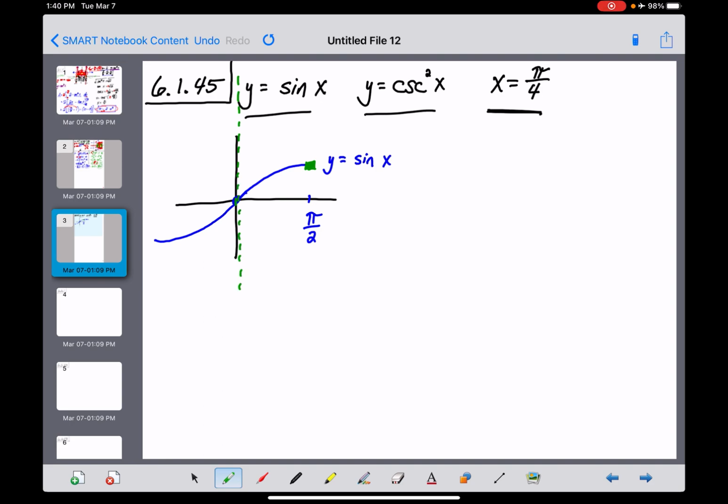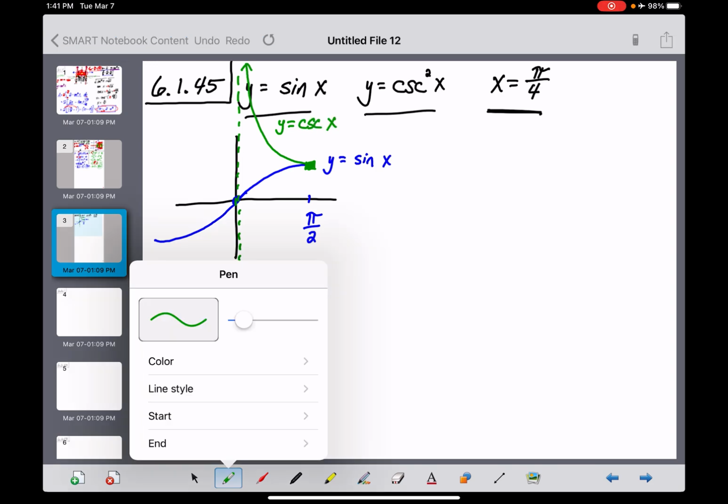If I read my sine graph as peaking at 1 and then coming back down towards 0, its reciprocal is going to go the opposite direction. It's going to start at a trough, a low value of 1, and then head on up towards infinity, looking something like that. So that in green is the graph of y equals cosecant of x.